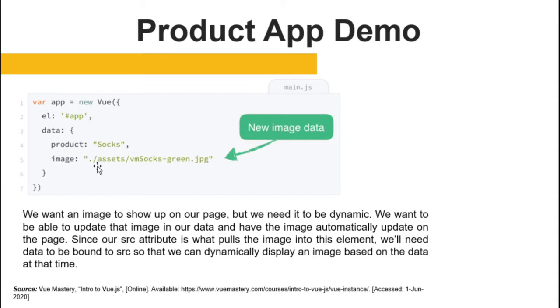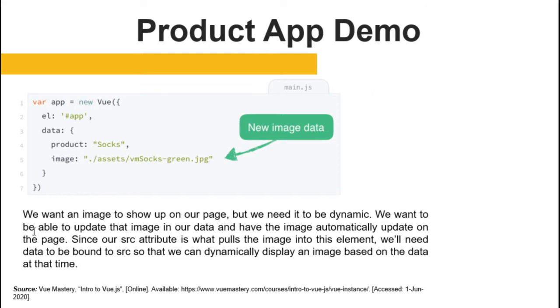Note that the image URL or address depends on the file structure of our project. In this example, if you trace the folder where the green socks JPEG resides, it is under the assets folder. We want an image to show up on our page, but we need it to be dynamic.